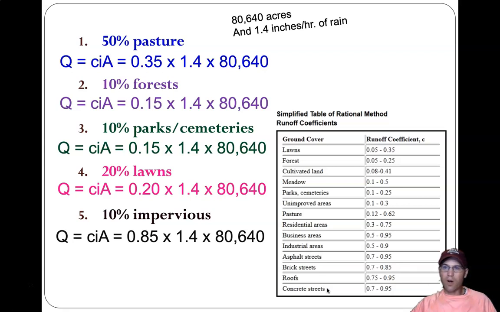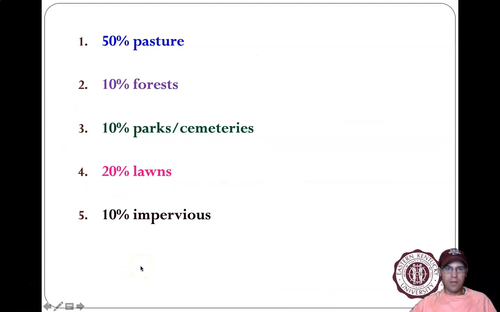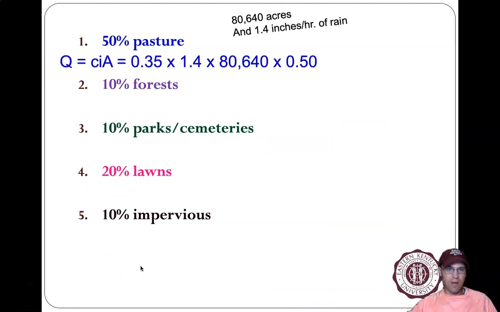So once we've got all those calculations done, we can get the numbers, right? And we also have to multiply those numbers by the amount of area that's dedicated to that. So the area that's pasture isn't 80,640 acres.